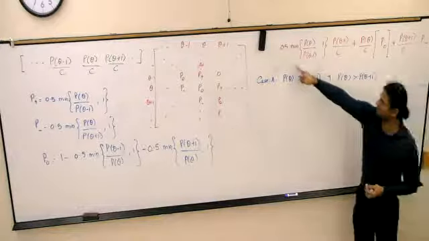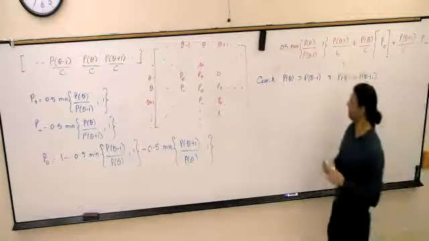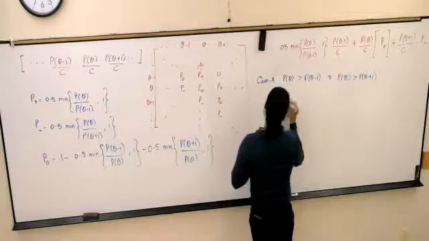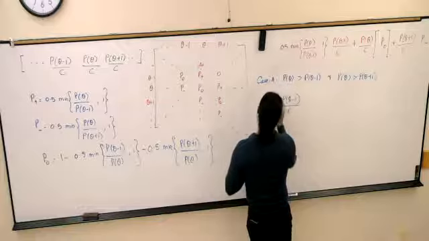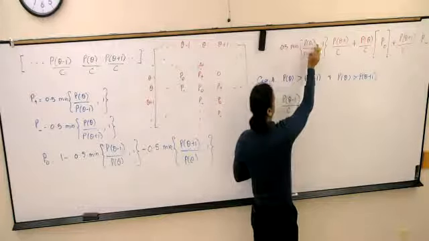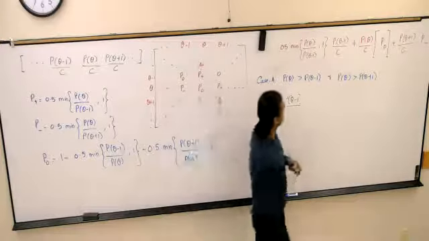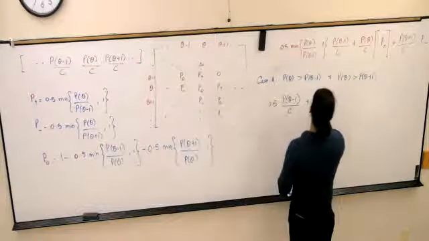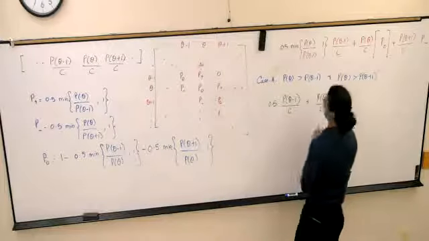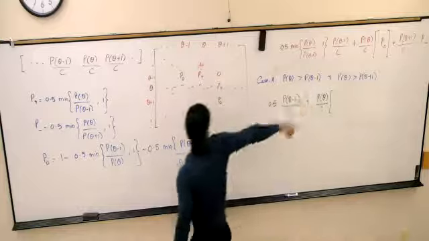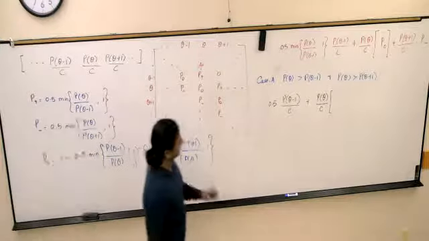We'd end up getting 0.5 times P theta minus 1 over C, because P of theta would be bigger than P of theta minus 1, so the minimum ends up being 1.